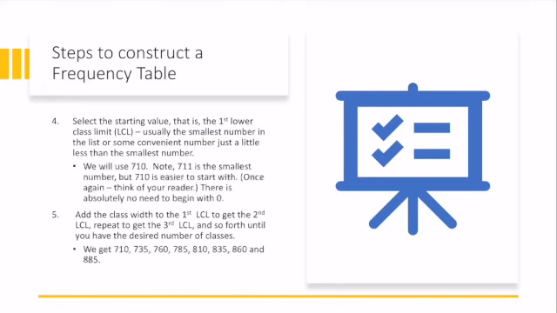Note, in our data set, 711 was the smallest value, but again, 710 is a lot easier to work with. It's a nice whole number. We have a base 10 number system. So if I add 25 to each of those, I get 710 plus 25, which was our desired class width. Remember, our class width was 25. I get 735, 760, 785, 810, and so forth. Okay, and those are my 8 lower class limits.